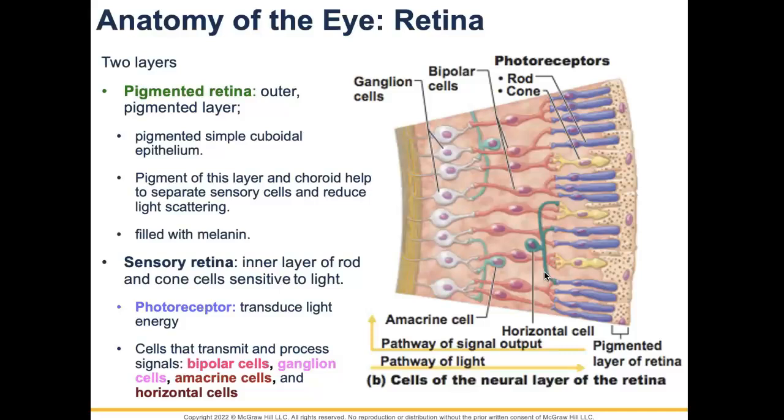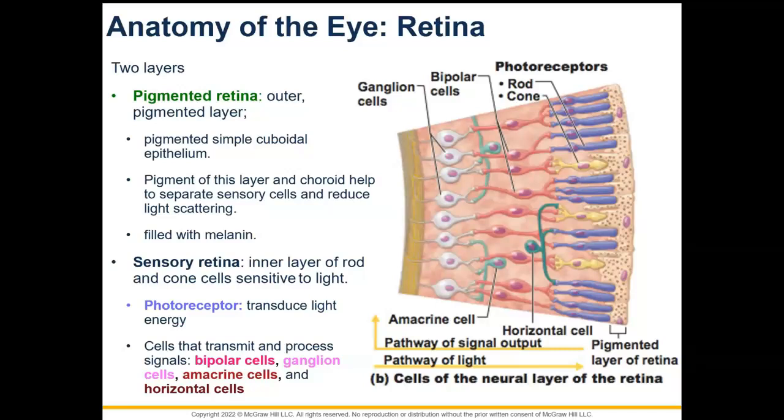All right, so that takes us to this slide where we are going to talk about the retina. So the retina is made up of two layers. We have the pigmented retina, in which you can see over here, and this is going to be pigmented simple cuboidal epithelium, and the pigment of this layer and choroid help to separate the sensory cells and reduce the light from scattering out.